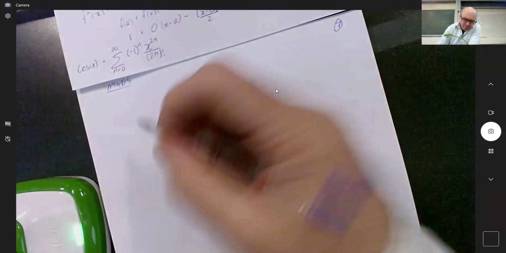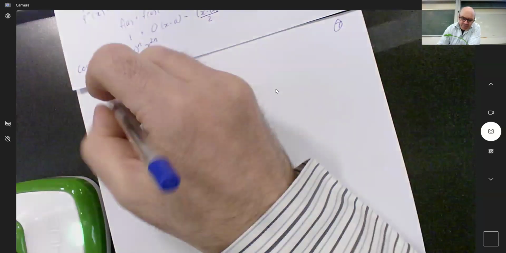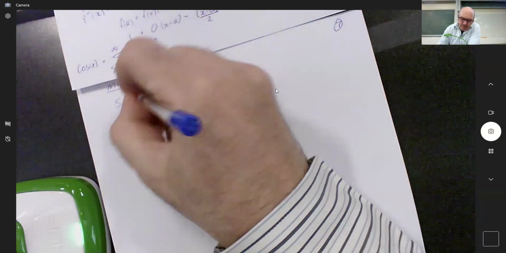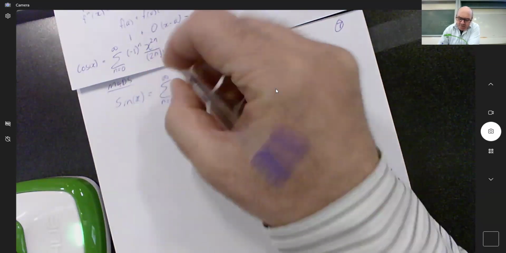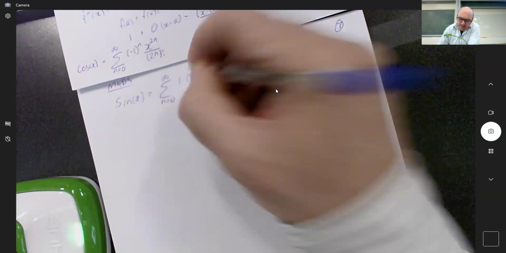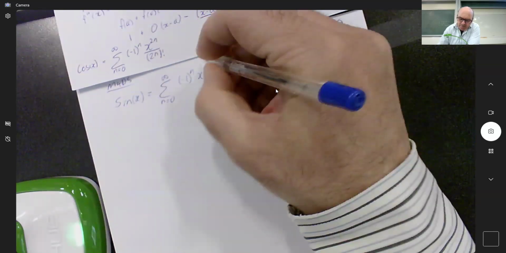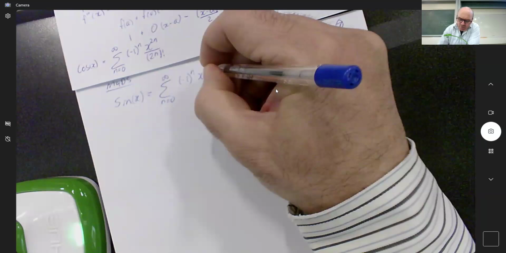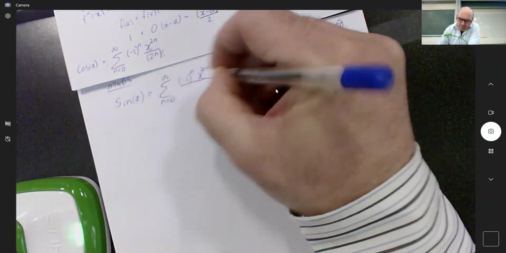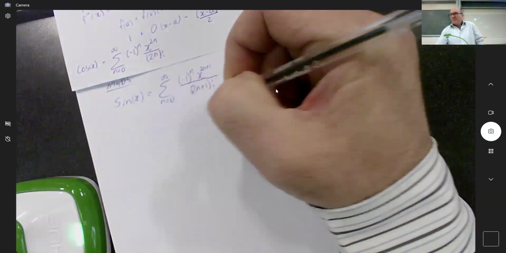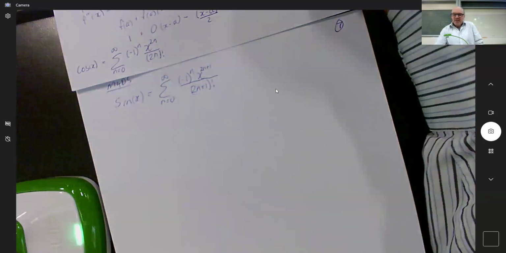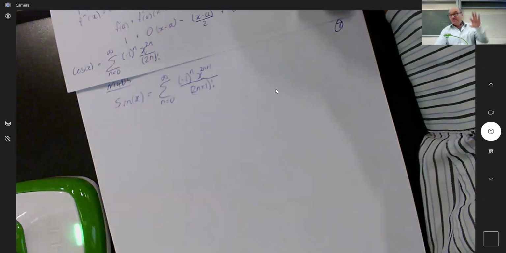Now, I reckon just by looking at this, I can do a dodgy version. I can say sine of x is equal to the sum from n is equal to 0 to infinity, with a minus 1 to the n type of thing happening, x to the 2n plus 1 on 2n plus 1 factorial. Because where there are zeros here, there are non-zero values for sine.